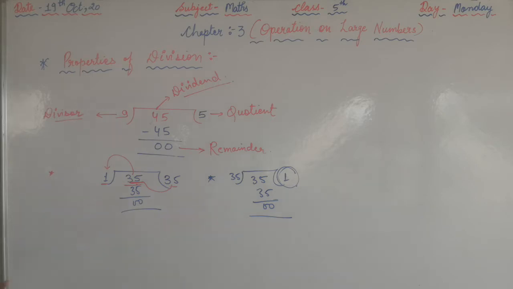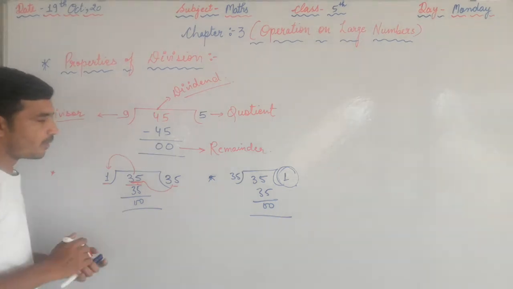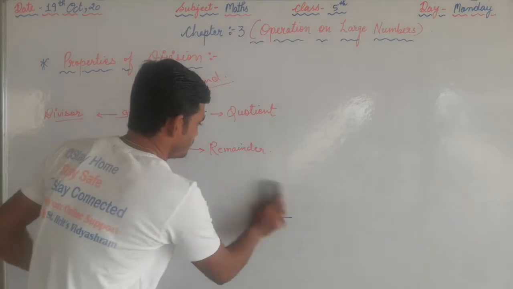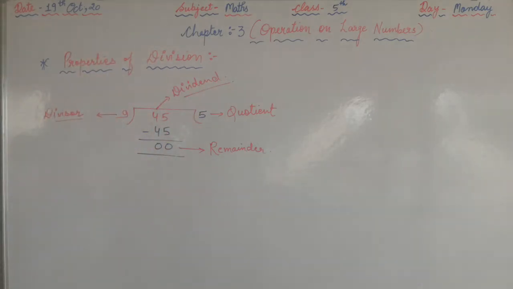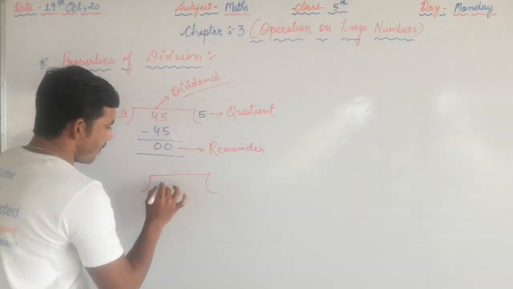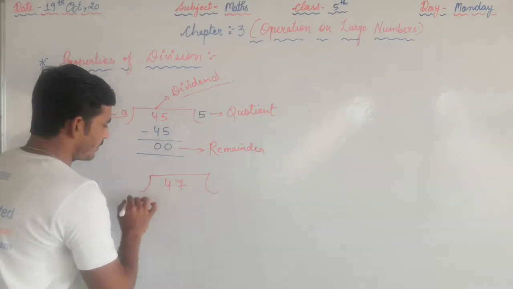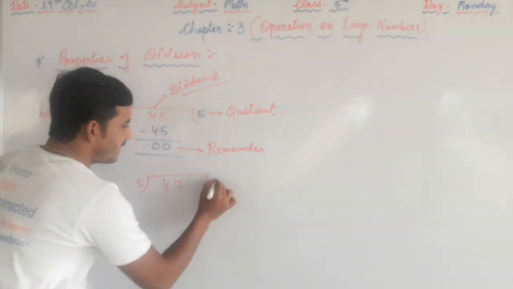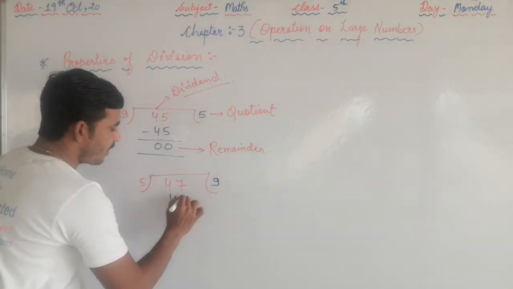Next, let's talk about the remainder. Nine fives are 45.